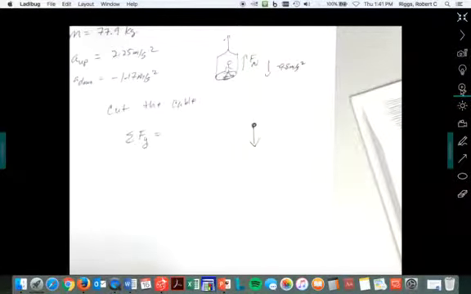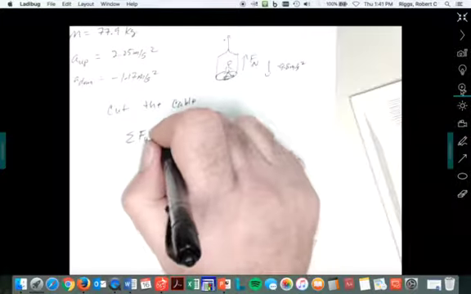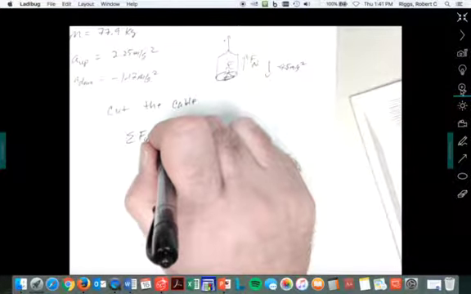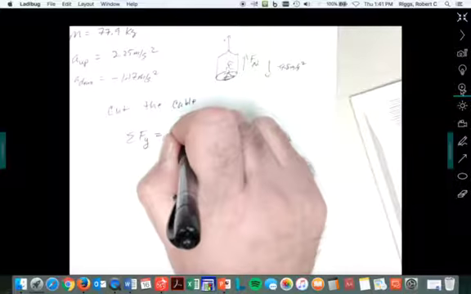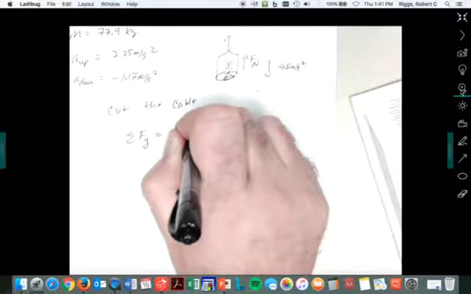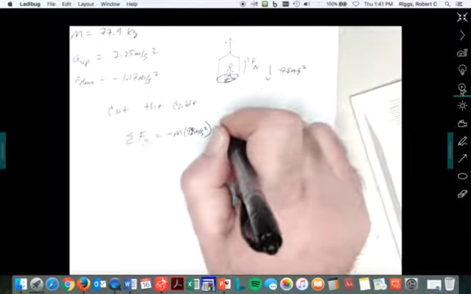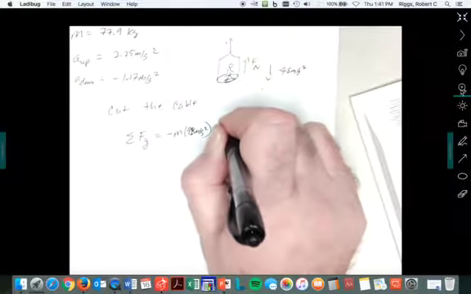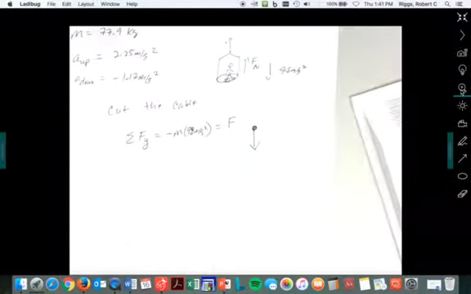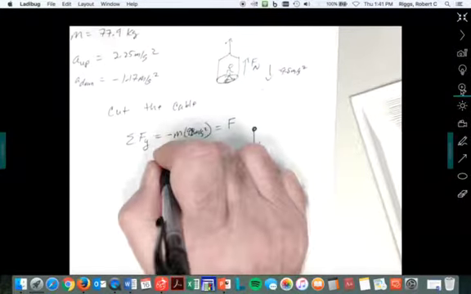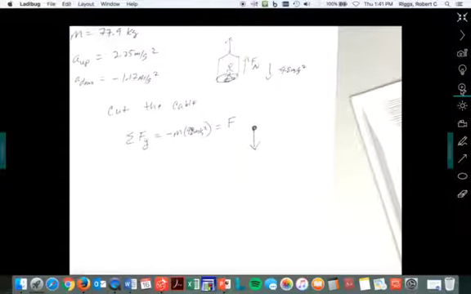So the sum of your forces is equal to negative m times 9.8 meters per second squared, which is equal to the normal force plus what's the force pushing up on you? That's the only thing. So there you go. You're in free fall, accelerating downward.